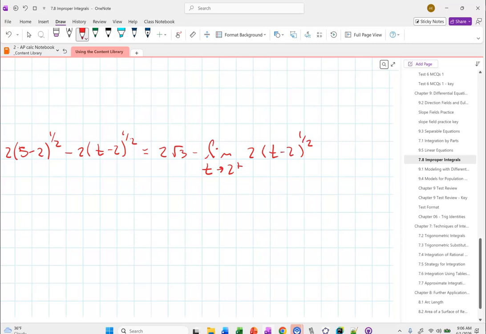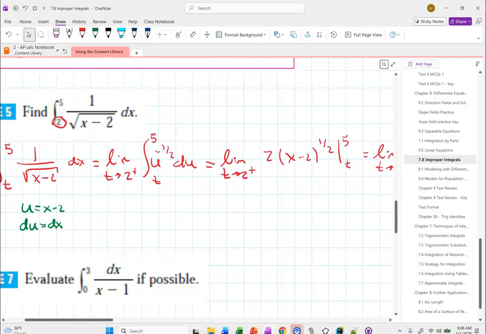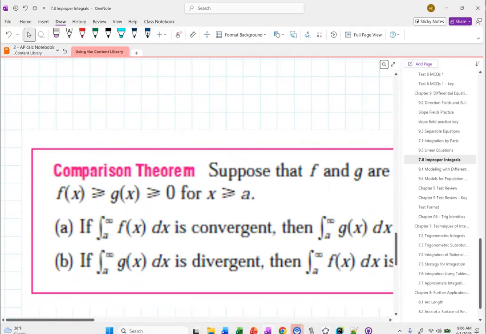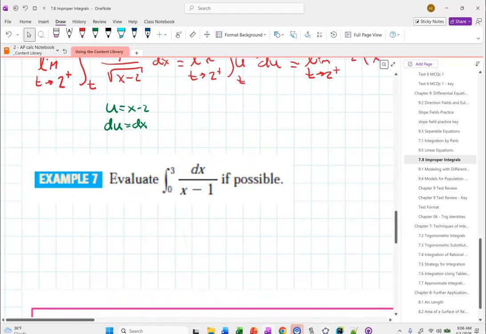What do I get? 0. So I'm just left with the 2 root 3 then. So again, we got a converging integral. So far, so good? Everybody's all right? We're on board? Okay. I got one more to do.